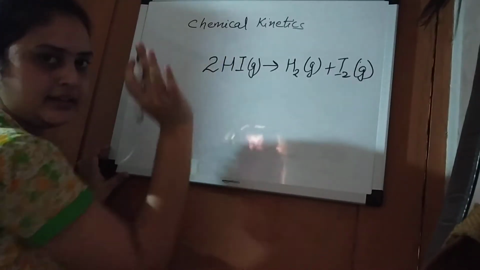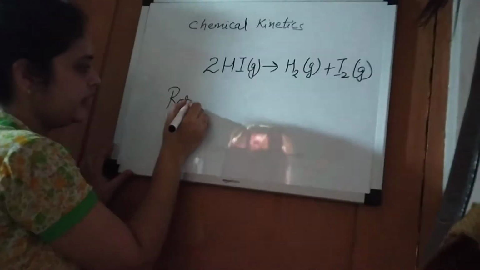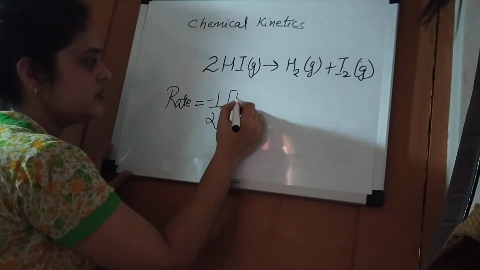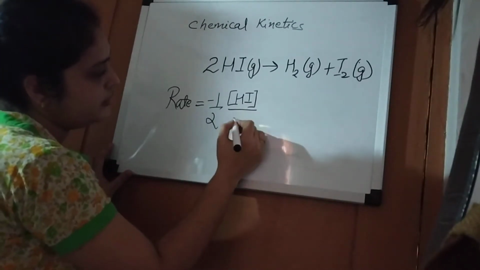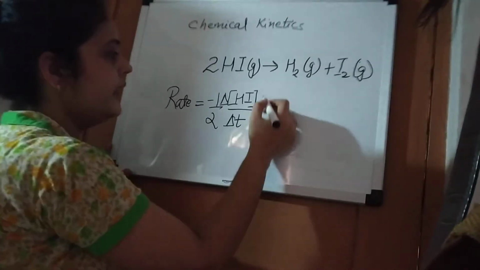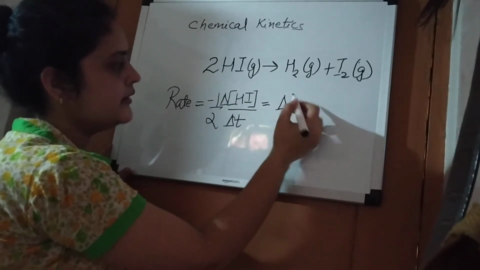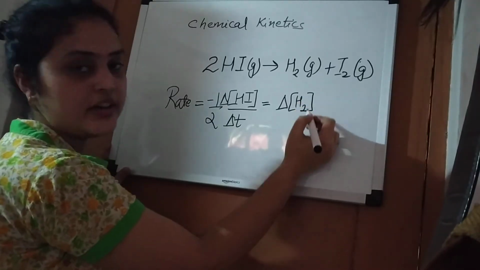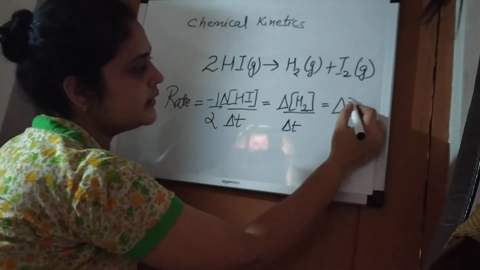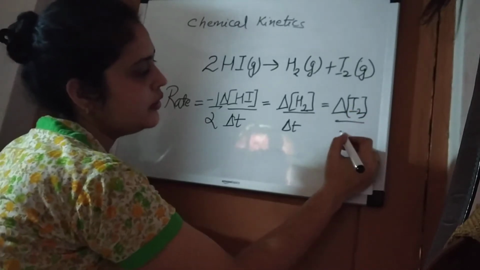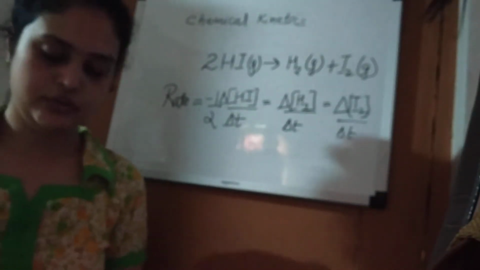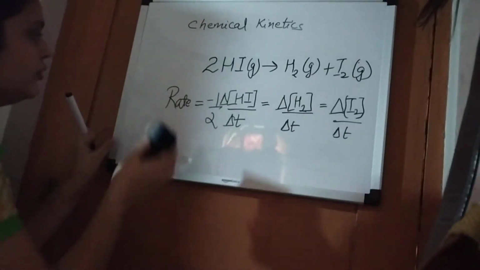In terms of reactant, the rate will equal 1 by 2 times minus the change in concentration of HI upon delta T. This will equal the change in concentration of H2 upon delta T, and this will equal delta I2 upon delta T. So the coefficient gets divided.